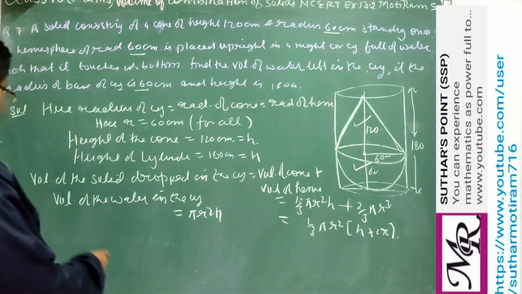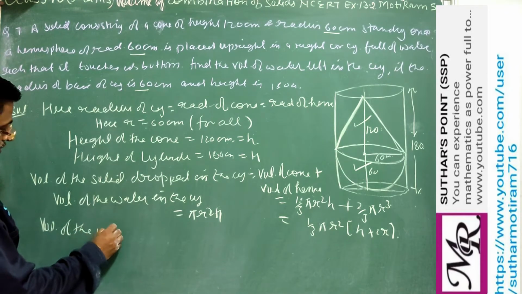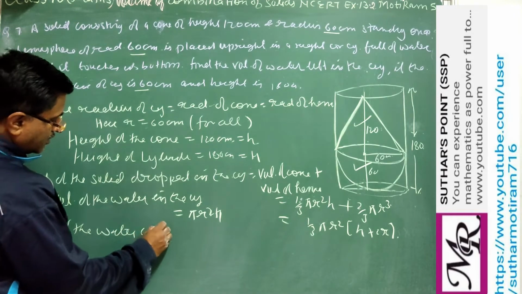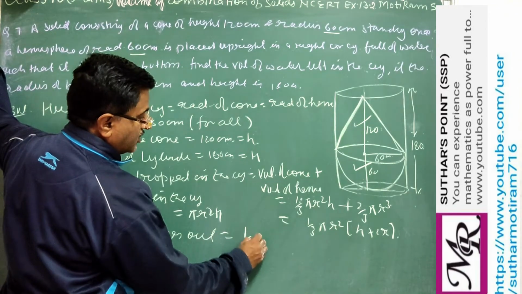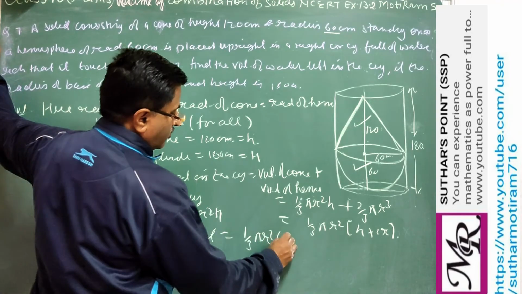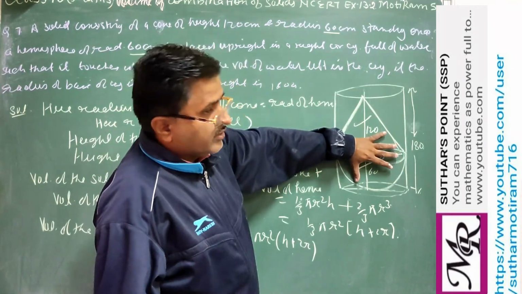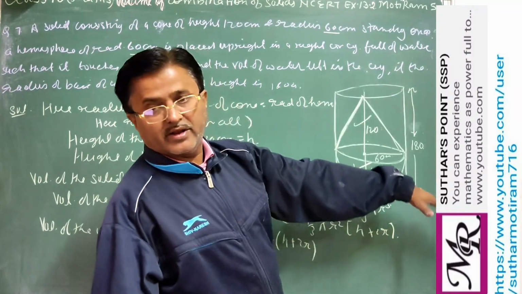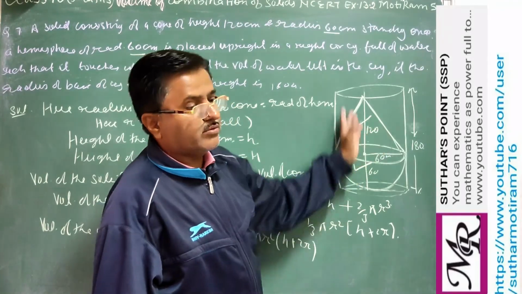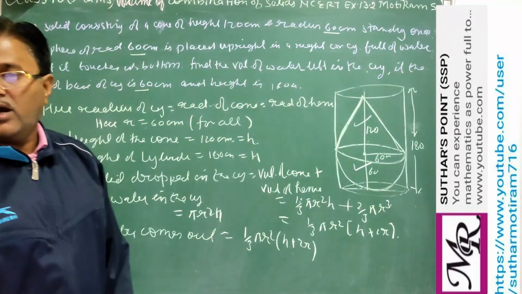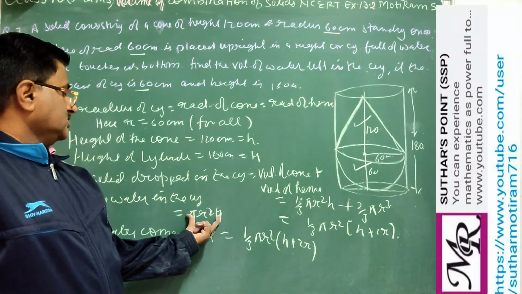Clear? So you can say the volume of the water that comes out is 1 by 3 pi r square (h plus 2r), because whatever quantity you put inside will replace the water. So we take the volume of the solid as equal to the volume of water that comes out. Clear? And the total volume is this cylinder.